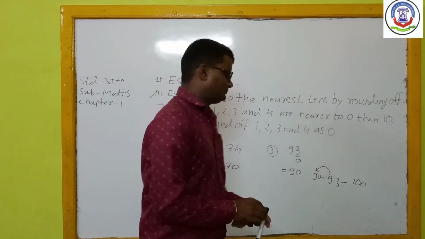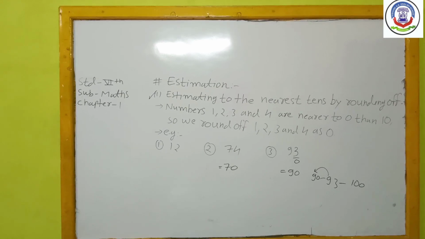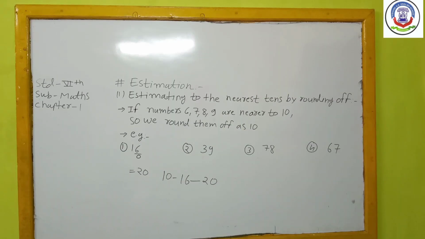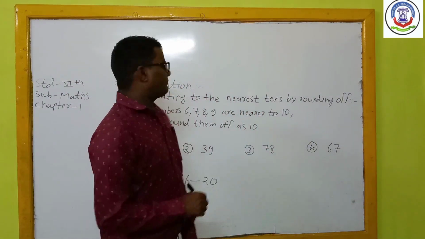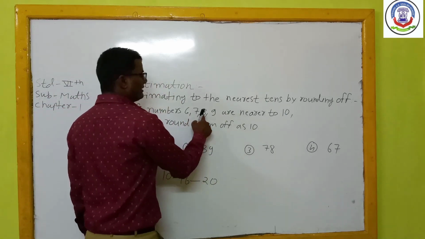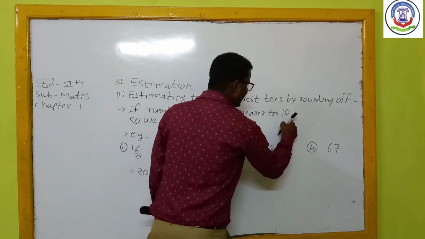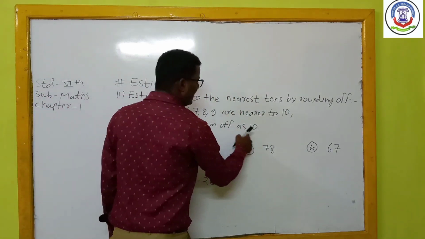Let's see. Okay students, now another point: if numbers 6, 7, 8, 9 are nearer to 10, then we round them off as 10.